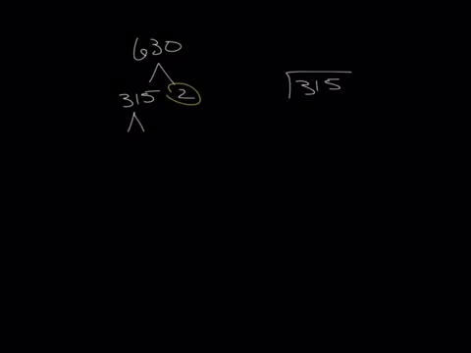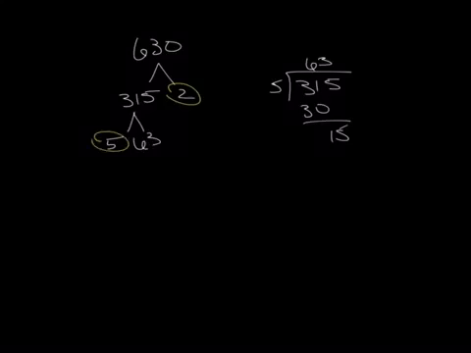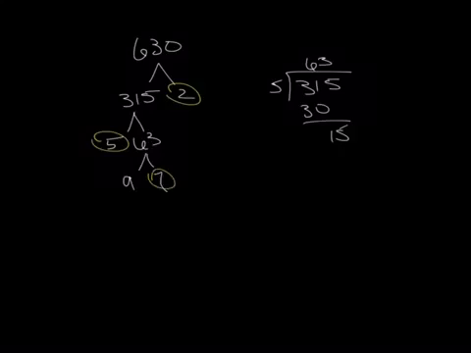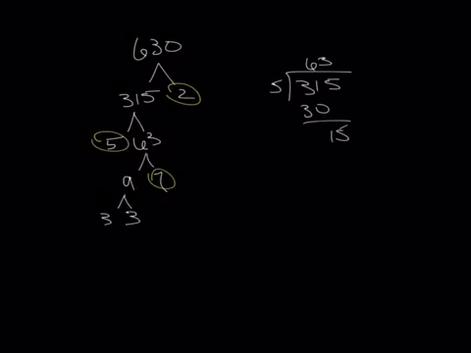I don't know how many times off the top of my head, but 63 times. So 5 and 63. I know that 5 is a prime number, but I also know that 63 is not, because I know 9 goes into it 7 times. Okay, and I also know 7 is a prime number, but 9 is not, because 3 times 3 is 9.